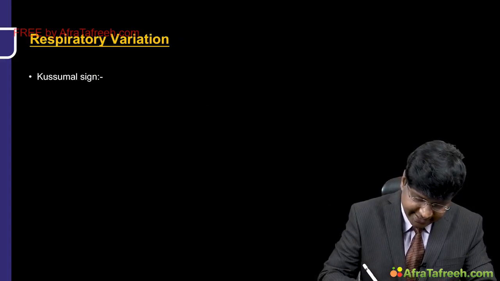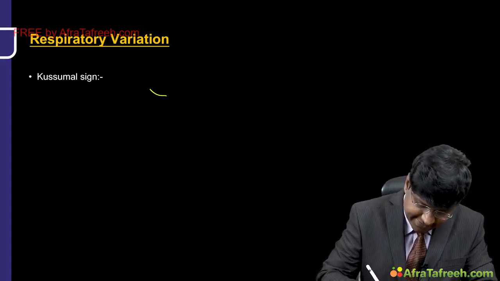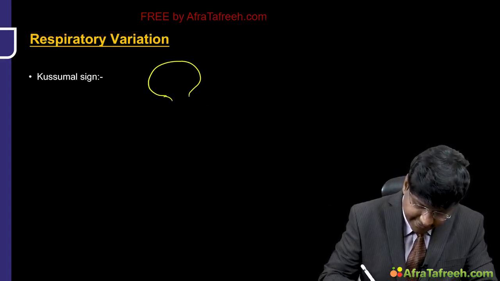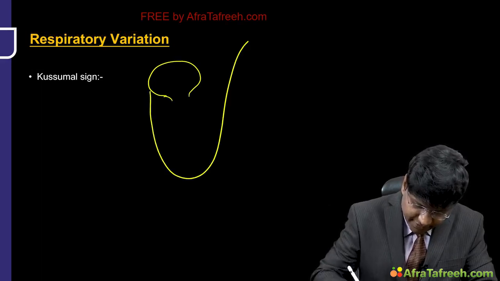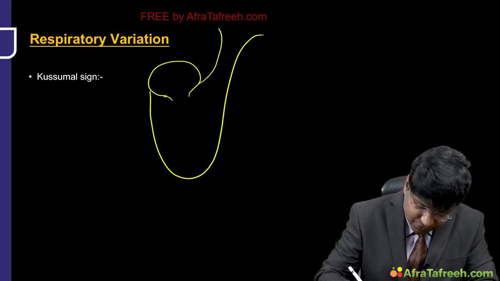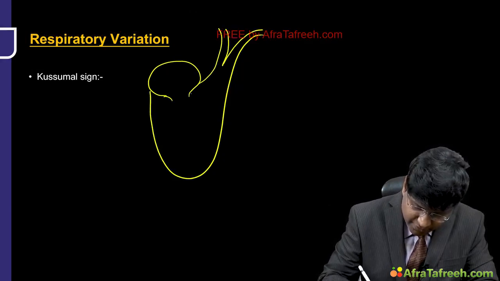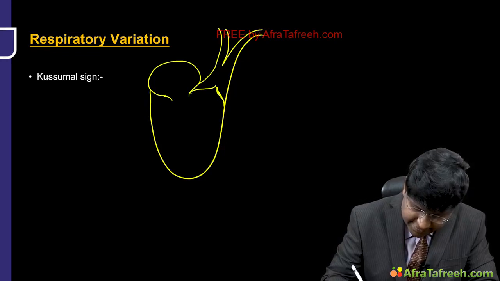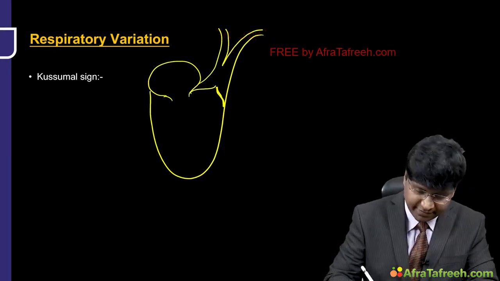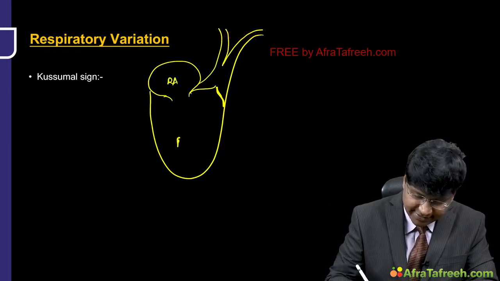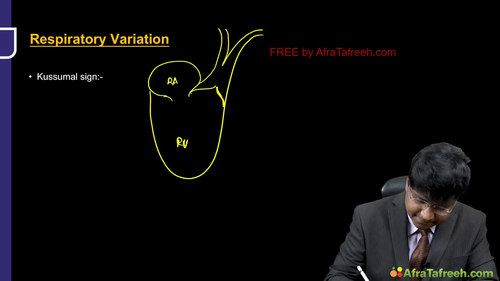So if you take right heart failure, let us assume this is the right atrium and this is the right ventricle, which is giving rise to the pulmonary artery, and it is dividing into branches. So you have the right atrium and the right ventricle.